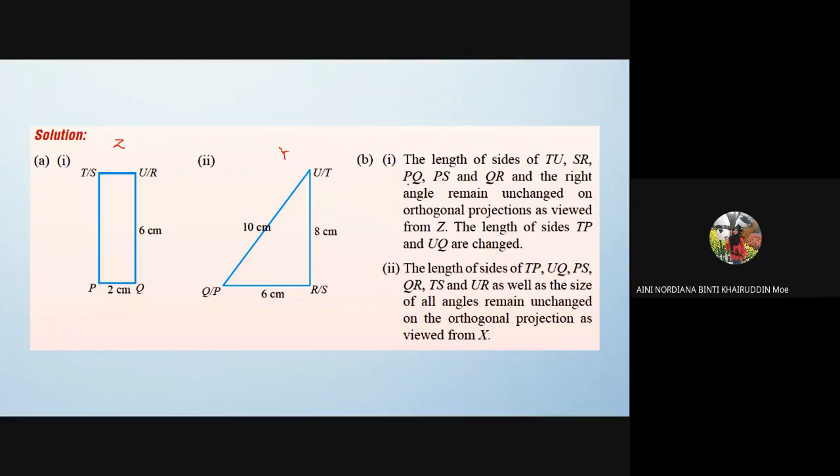So what you can say, the length of side TU, SR, PQ, PS, and QR, and the right angle remain unchanged. For diagram 1, remain unchanged on orthogonal projections as viewed from Z. The length of side TP and UQ are changed.